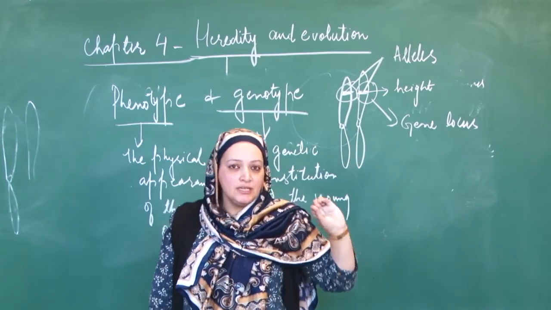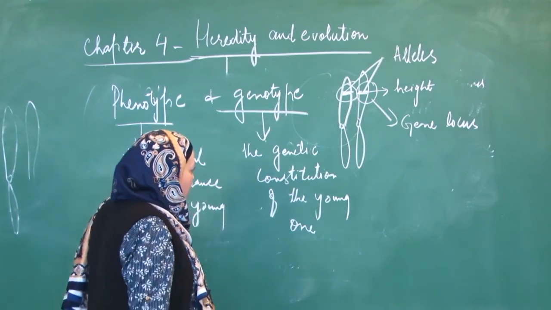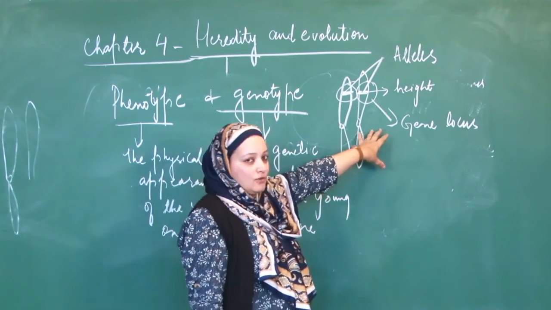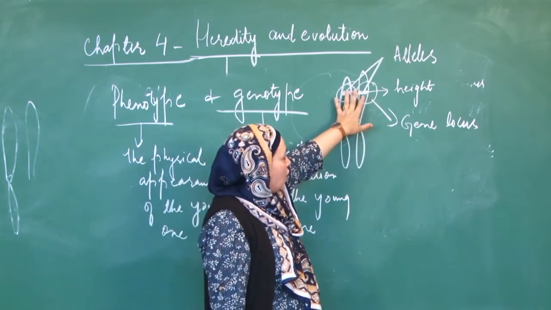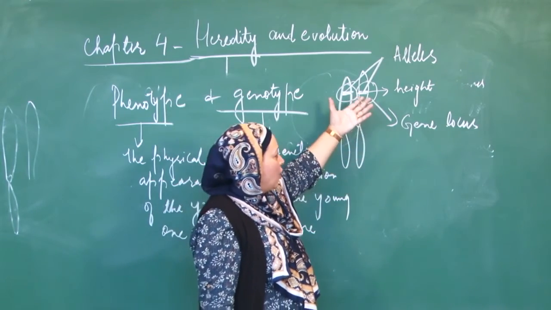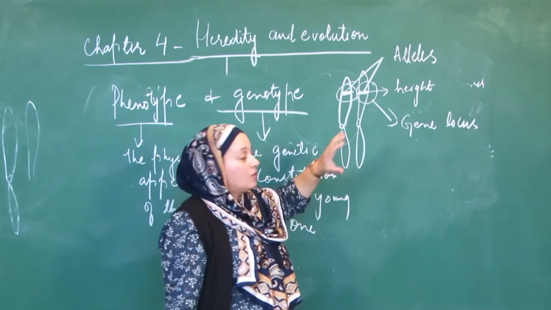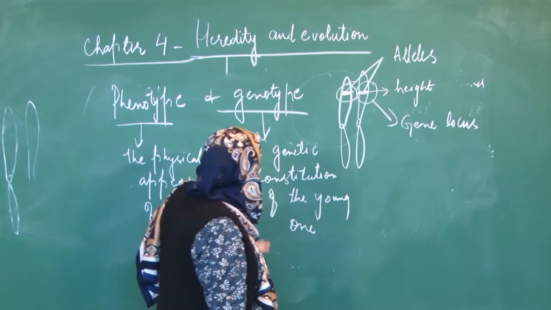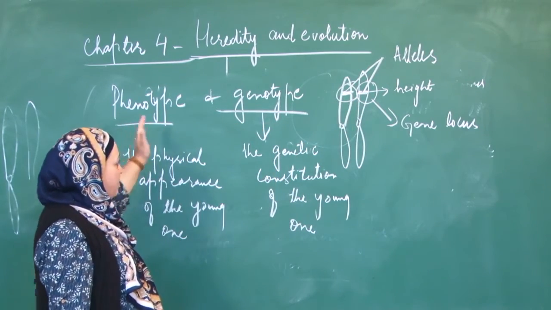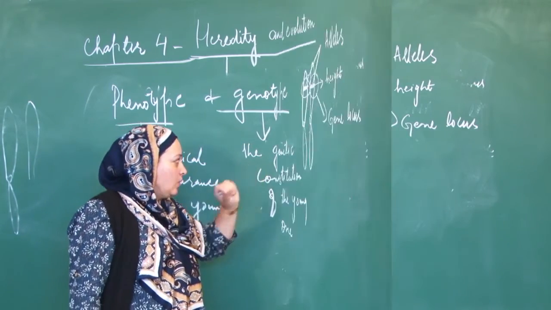Got it? Now, if you have the same alleles, those are called homozygous. If you have the alternate alleles, those are called heterozygous. Now, genotype, phenotype, allele, gene locus.